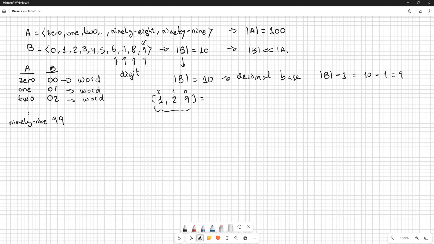So we are going to multiply each symbol by the base raised to the position, and we are going to sum the terms. The position 2, the position 1, and the first position that we are going to consider, the position 0. So this is 9, this is going to be 20, and this is going to be 100. If we do the sum, we have the number 129. I think that you have studied this in high school, but I have to repeat it, but it's really simple.